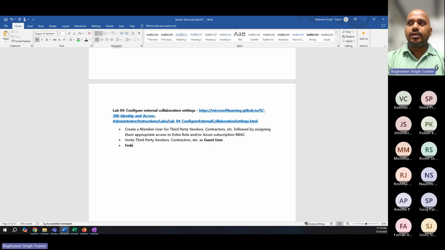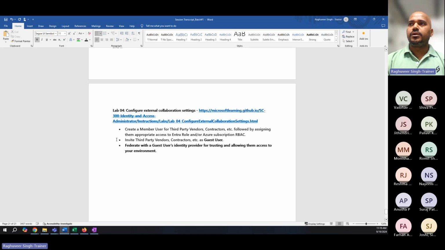You also need to federate with the guest user's identity provider for trusting and allowing them access to your environment.